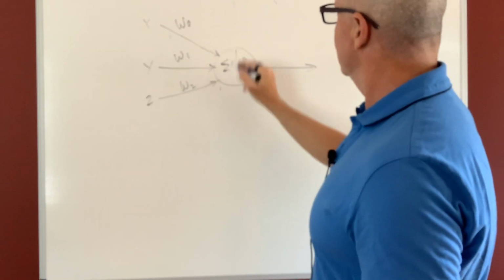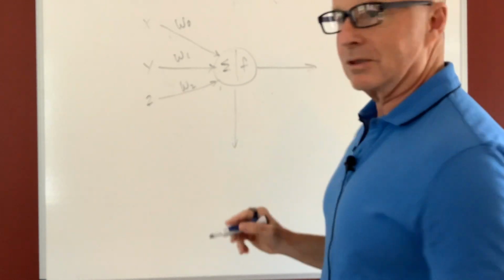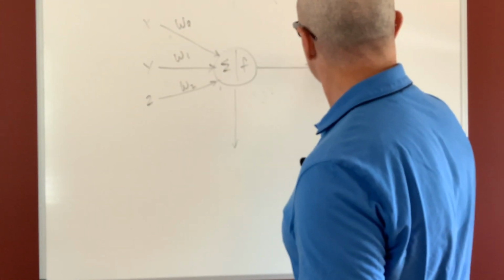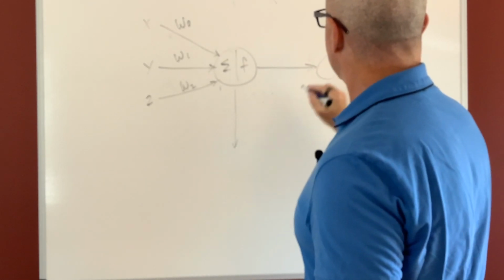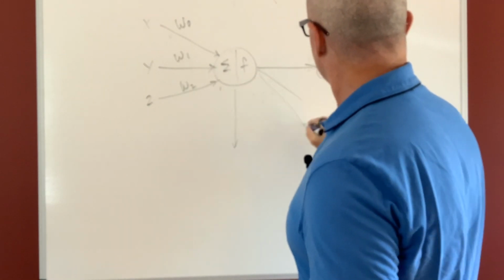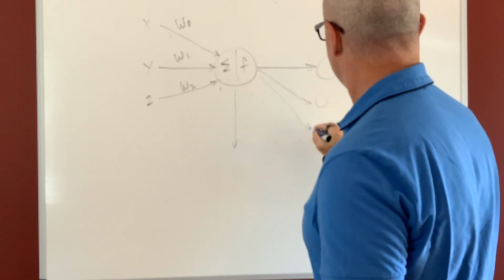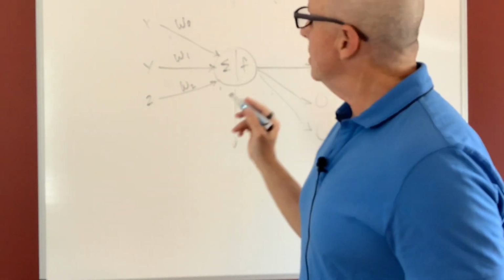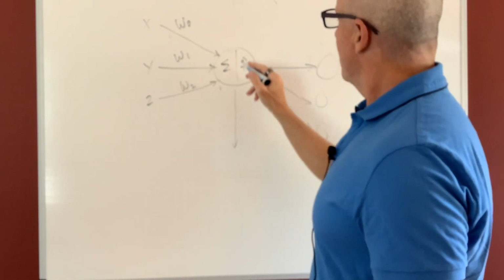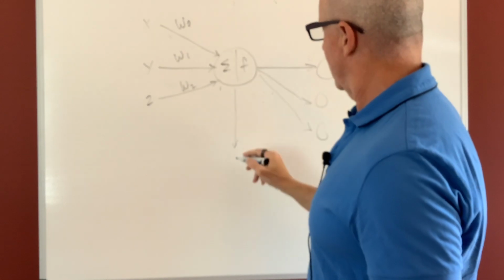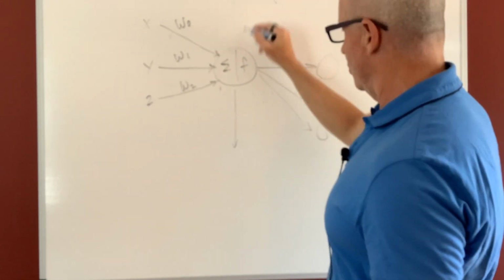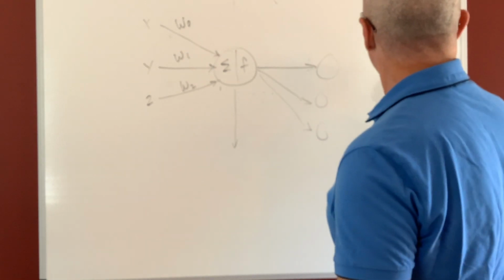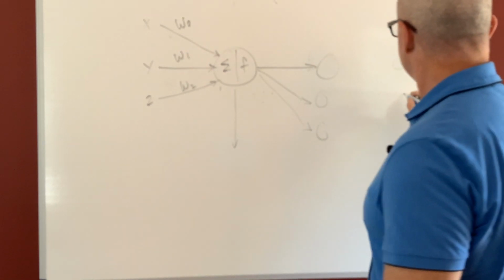And then there's a whole bunch of these perceptrons in a neural network, and the outputs become the inputs to the next bunch of perceptrons in the next layer. So we have an input layer of perceptrons, or nodes, we call them nodes, and then we have layers in between, and then finally the output layer.